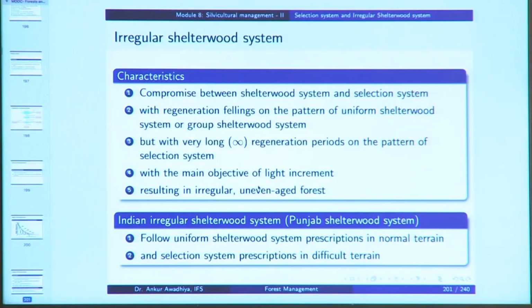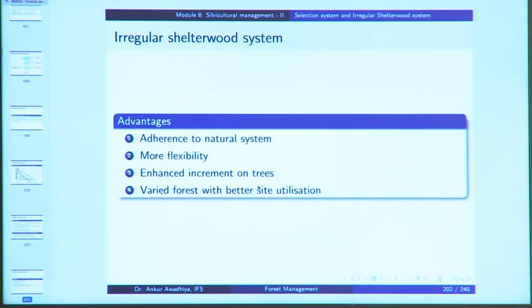Now, the characteristics: it is a compromise between shelter wood system and selection system, with regeneration fellings on the pattern of uniform shelter wood system or group shelter wood system, but with very long regeneration periods on the pattern of selection system, with the main objective of light increment resulting in irregular uneven aged forest.